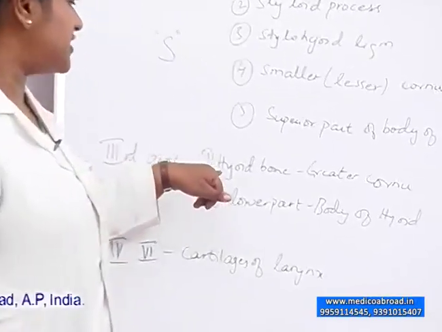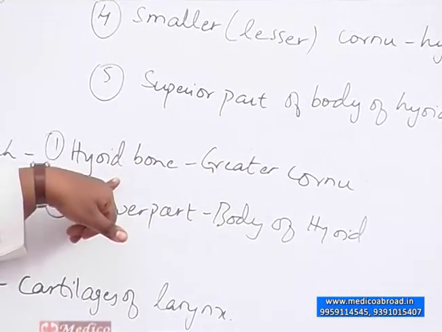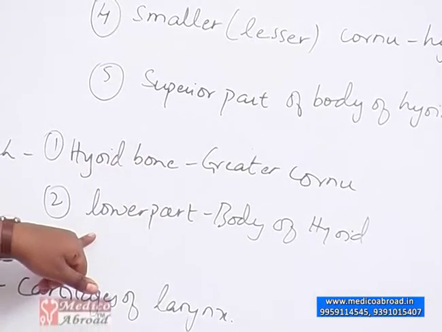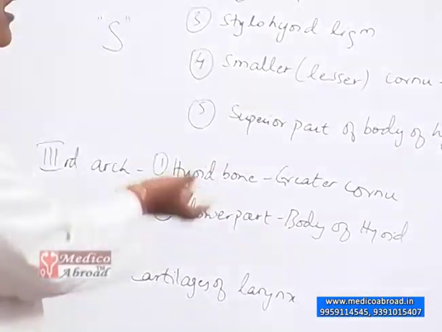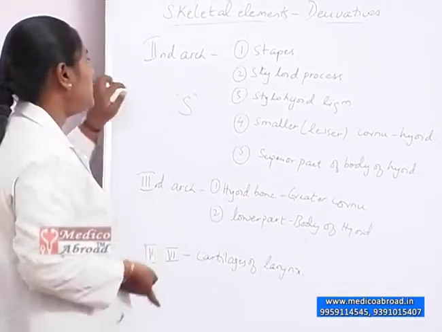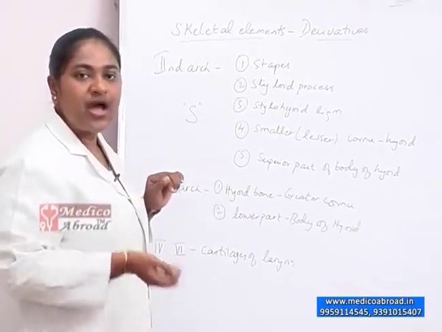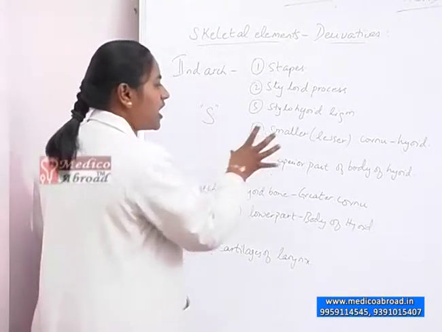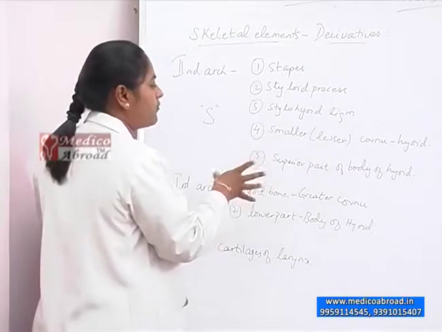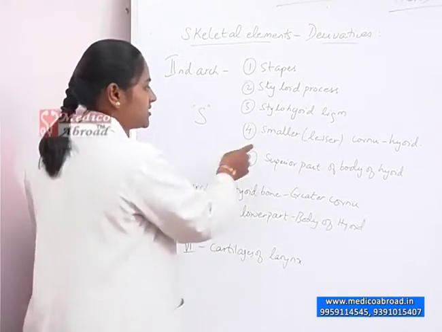The third arch gives rise to the greater cornu of the hyoid bone and the lower part of the body of the hyoid bone. The second arch is also called the hyoid arch. The hyoid bone as such is formed from the second and third arches.